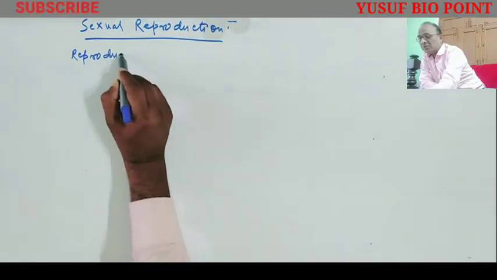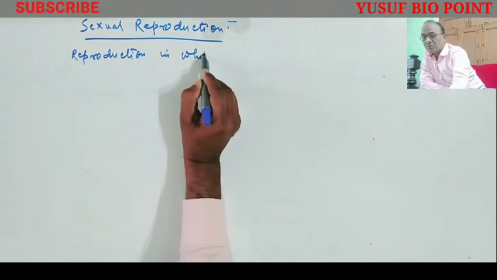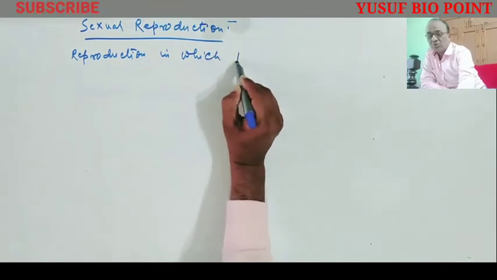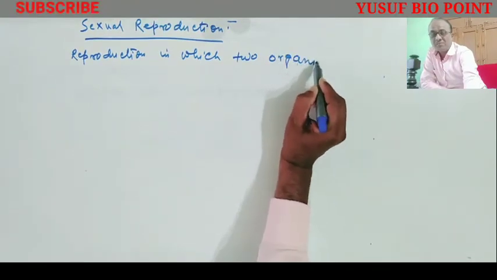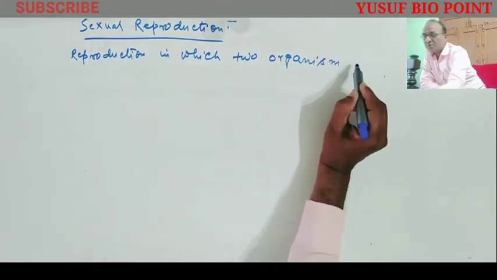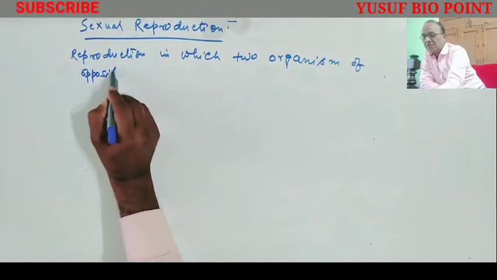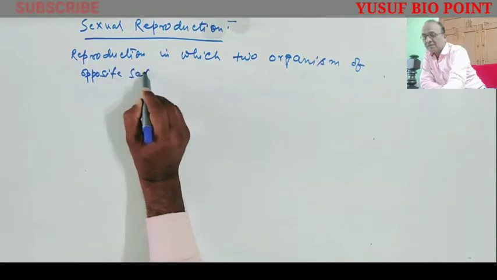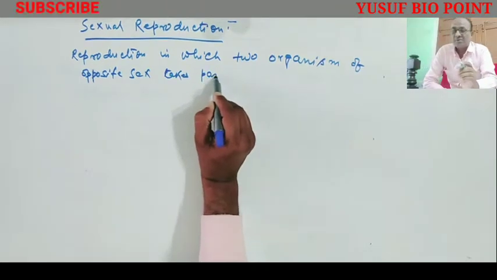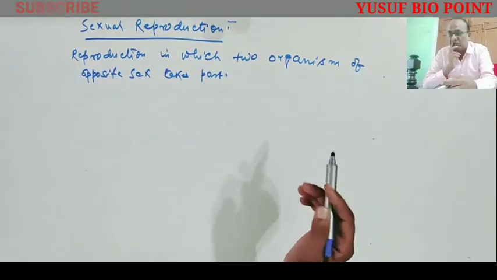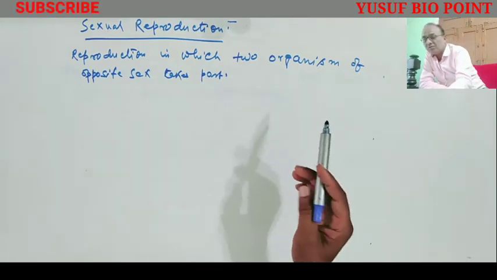Reproduction in which two organisms of opposite sex take part. That means it is the reproduction in which two parents take part.